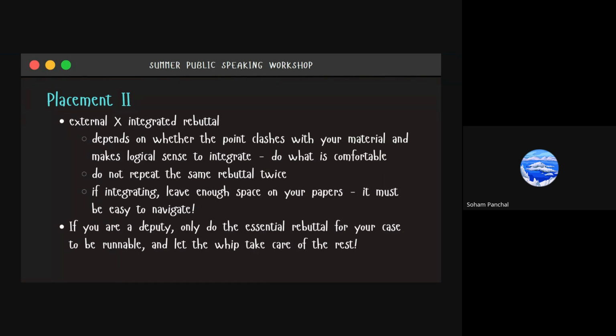Sometimes the debate is very neck to neck, so even one small new argument that stands out better than the opposition's may help you win the debate. So as a deputy, it is very important that you put out all your points.